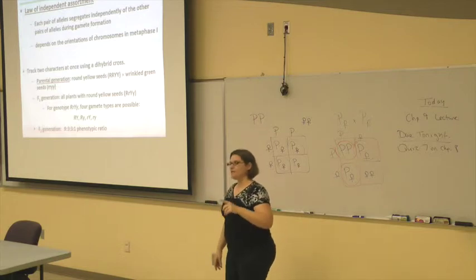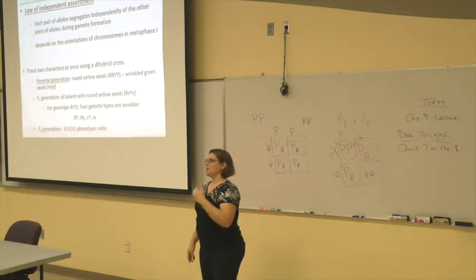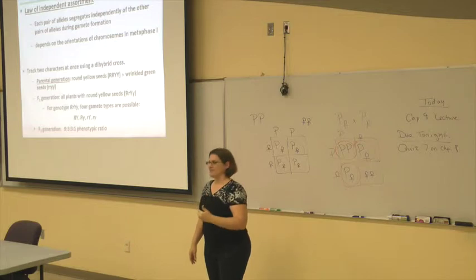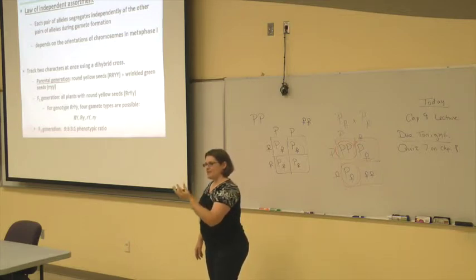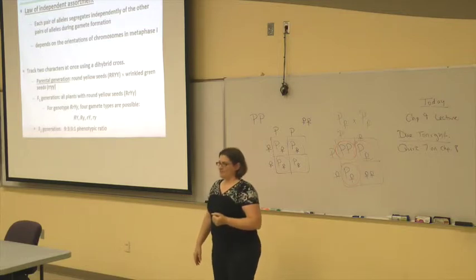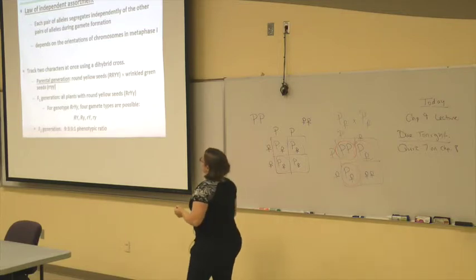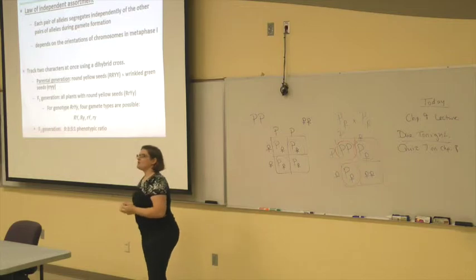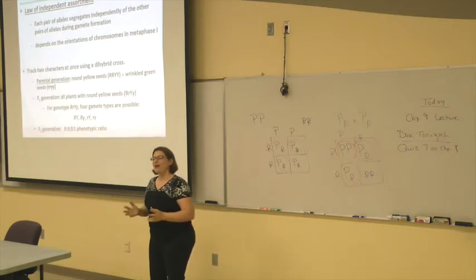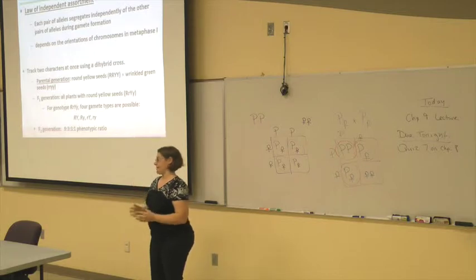This will make more sense when I show you how to actually perform this to figure out what alleles the gametes are going to carry. We apply Mendel's law of independent assortment when we are tracking the inheritance of two traits at the same time.